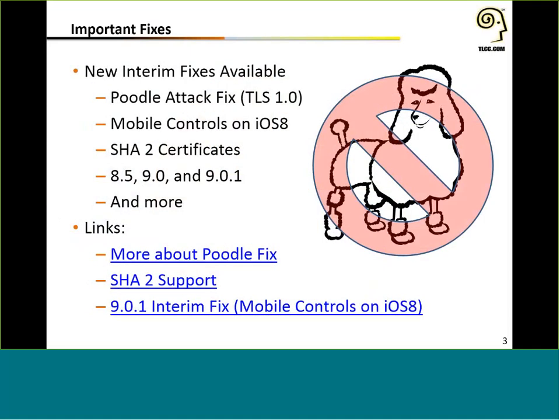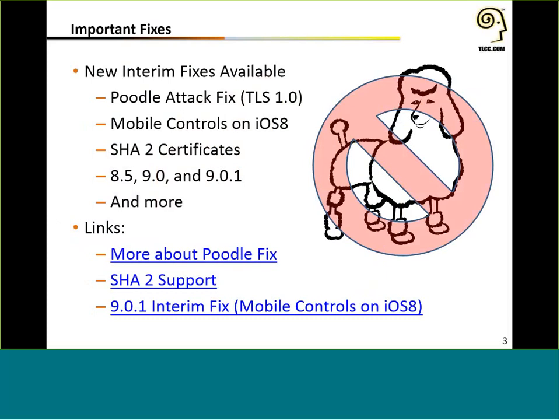I stuck a slide in this morning because, as in the Notes Domino world, an important interim fix came out today. I have nothing against Poodles, but if you have a Domino server that is accessible to the public, in other words, it's outside the firewall, you need to get this fix because it fixes a well-known issue with SSL certificates called the Poodle attack.